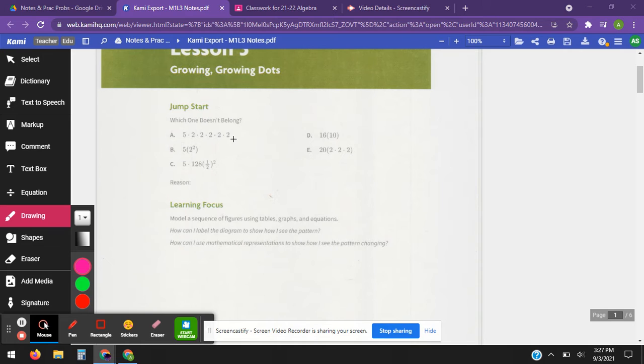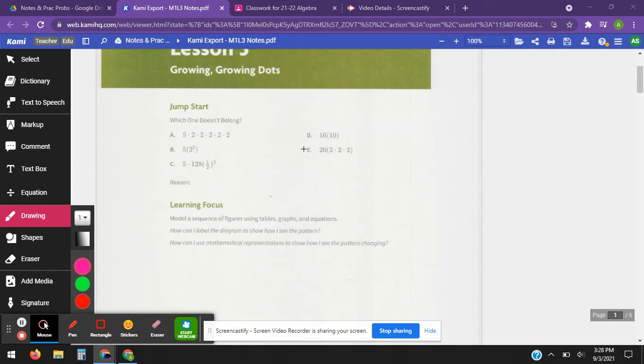So that equals 160. 2 times 2, or 2 to the second power, is 4. 5 times 4, 160, 4, 8 times 20, 60.